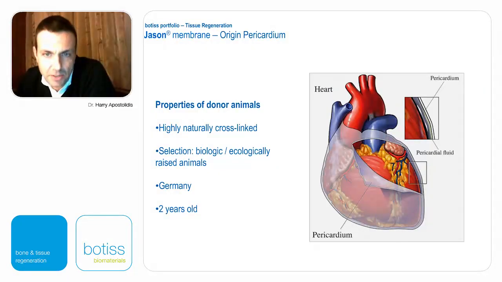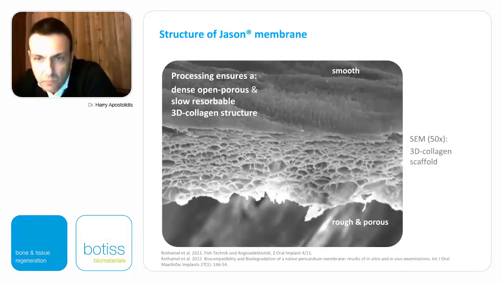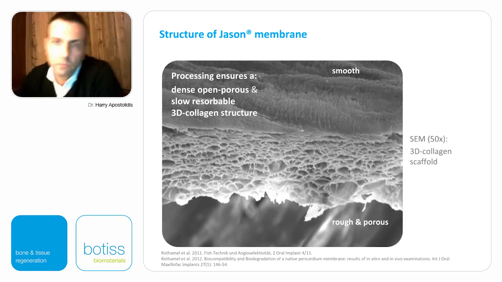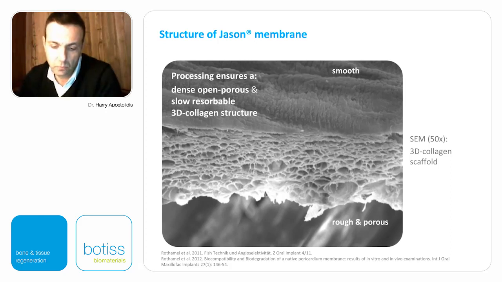And it's naturally cross-linked. It comes from pericardium, and it's very thin, but it has a smooth surface that goes towards the gums and towards the periosteum, and the rough surface that goes towards the bone graft.